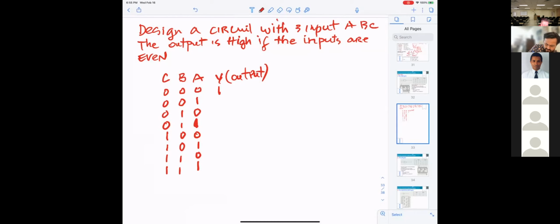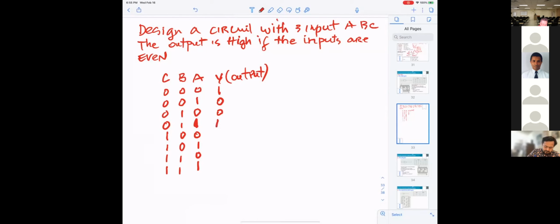However, the second one, 0. Next one, 1, the second one. Next, 1. 0. Next one, 0. 1 adding to 1, you get a 0. 0 adding to 0, you get a 0. That's an even number.